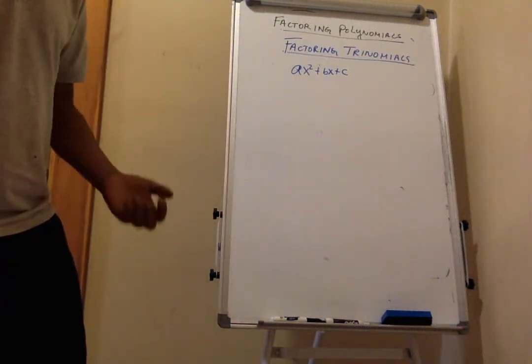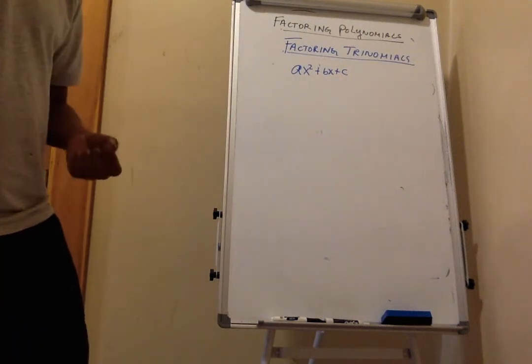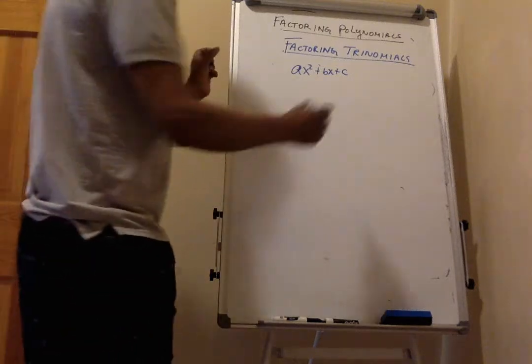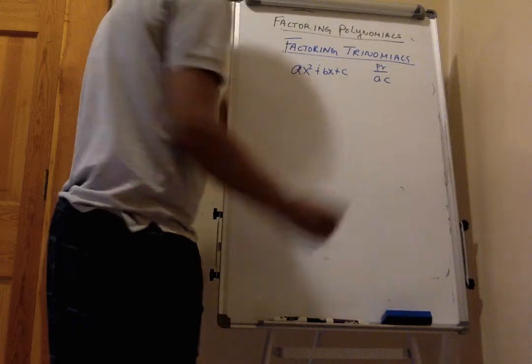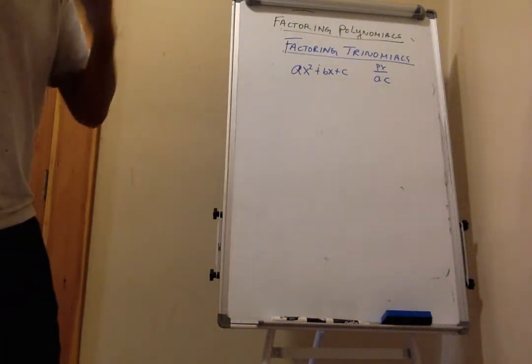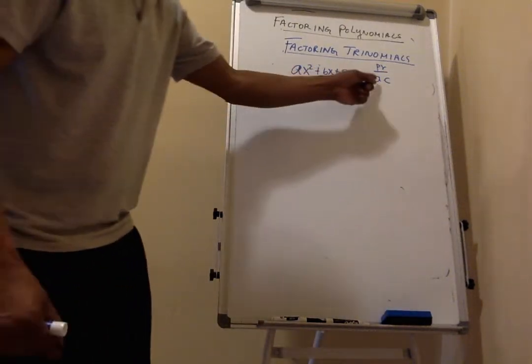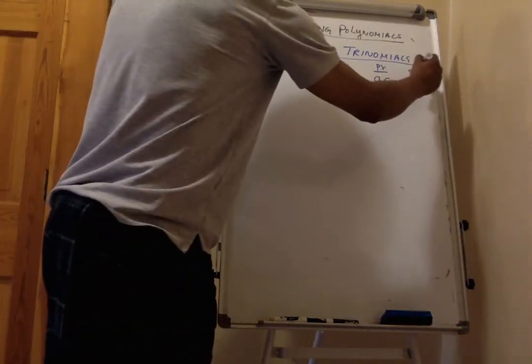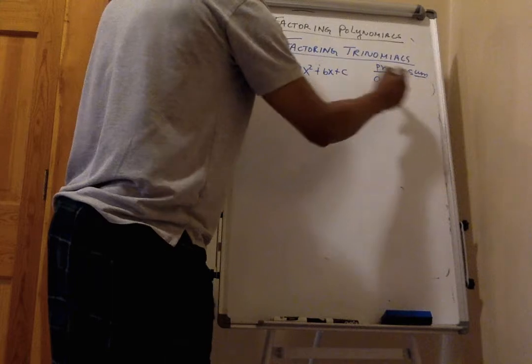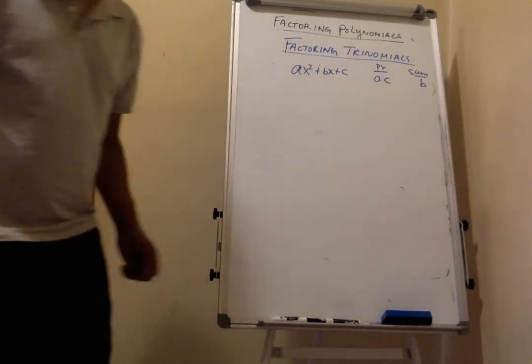And I think this is a refresher. So to find the factors, you have to find what? The product would be a times c, meaning 2 numbers multiplied will give me a times c, whatever that number is. And the sum is what? The sum is the middle term, the sum is b.